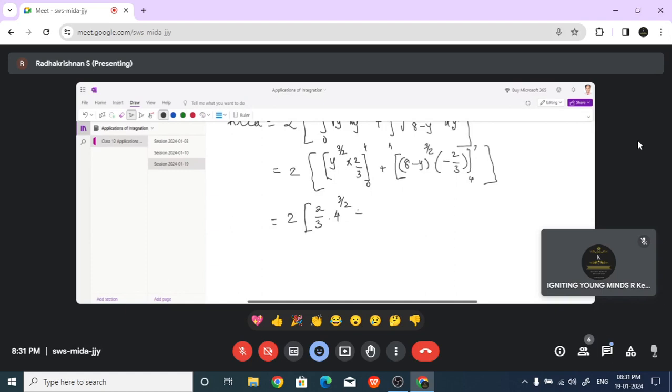Right? So y equal to 0, you put 0 power 3 by 2, that is 0. So I'll leave it. Just this, 2 by 3 into 4 power 3 by 2. This one is minus 2 by 3. We can take it out.